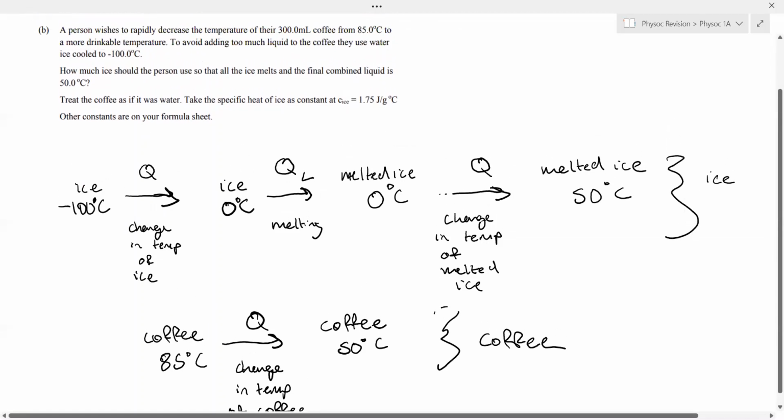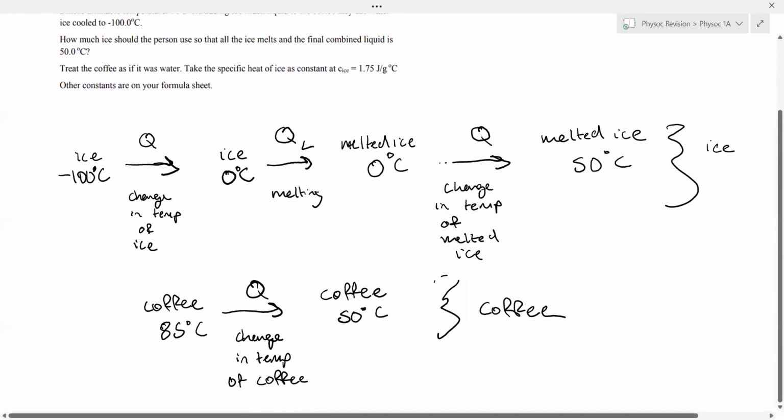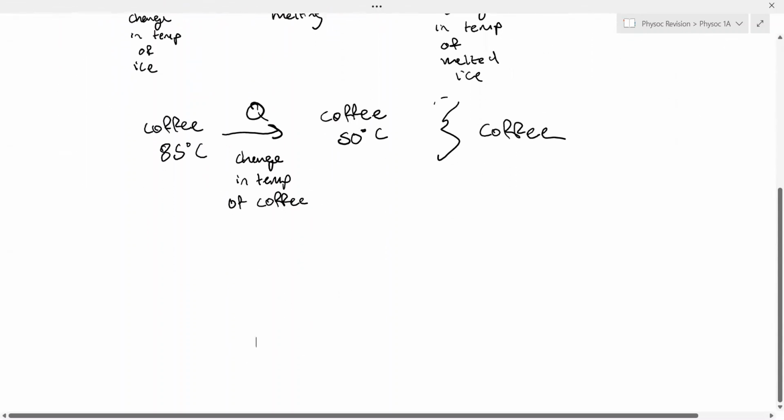We're going to have 3 terms from the ice and 1 term from the coffee, and all in all, this should all add up to 0 because it's in one closed system. So let's sort this out. We're going to have our Q of ice plus our Q of latent heat of the ice plus Q of melted ice plus the Q of coffee is equal to 0.